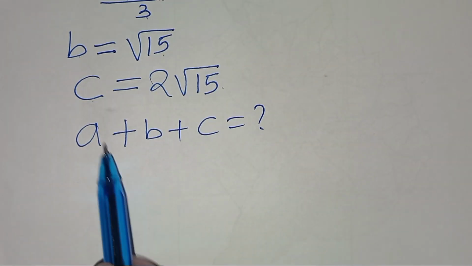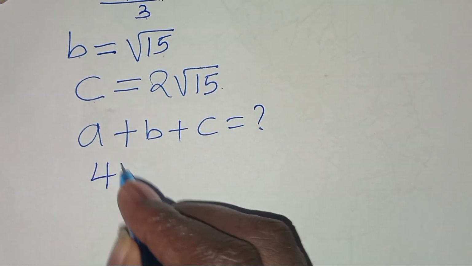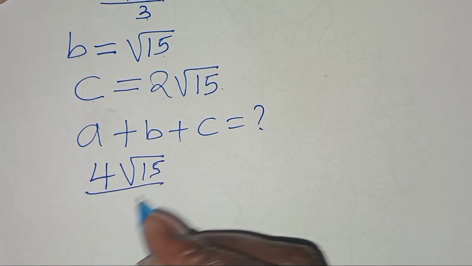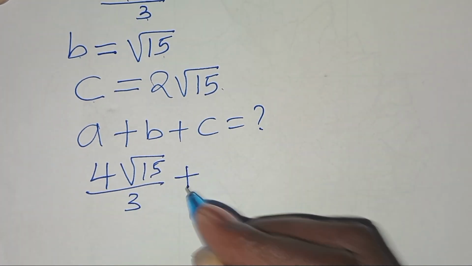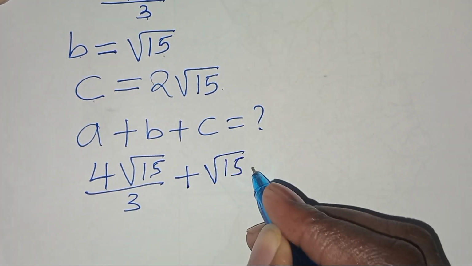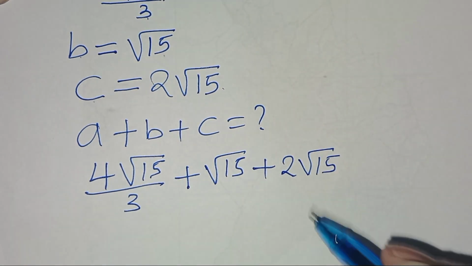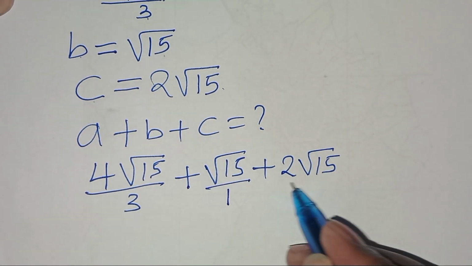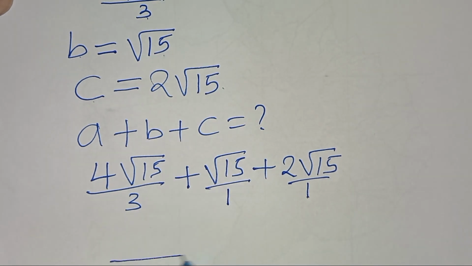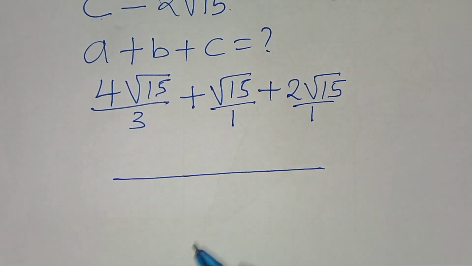In this case, substituting the values, we'll have 4 square root of 15 divided by 3 plus b, which is square root of 15, plus c, which is 2 square root of 15. So this is over 1, and the LCM here is equal to 3.